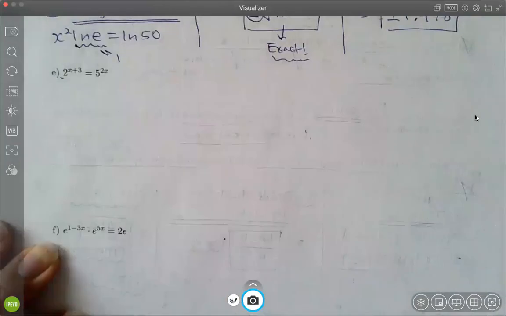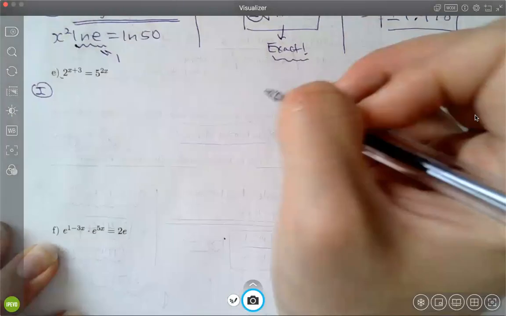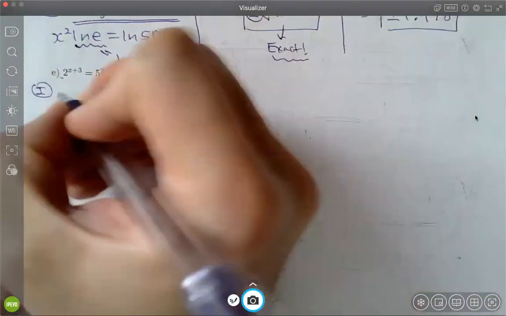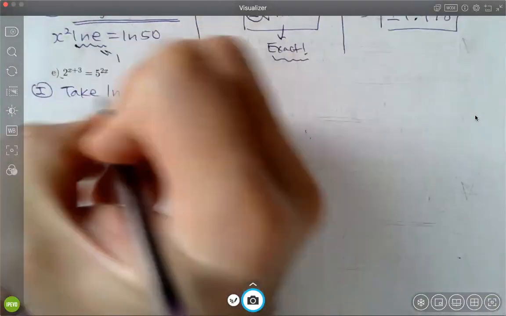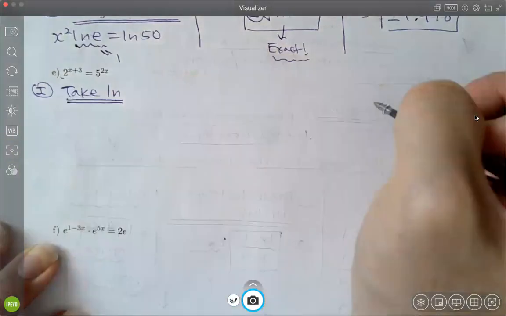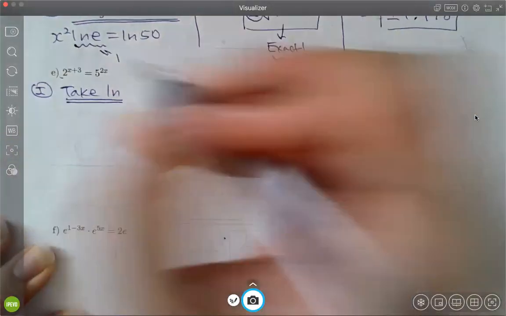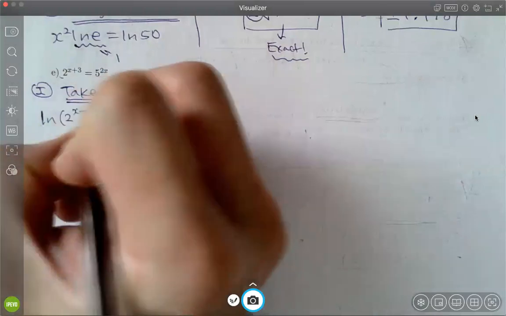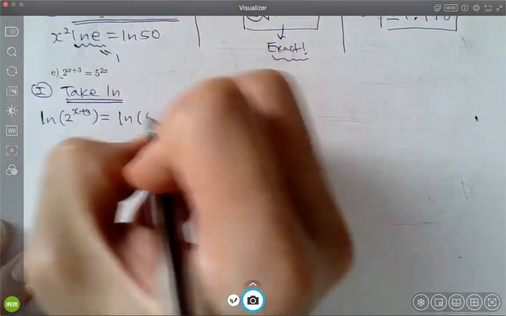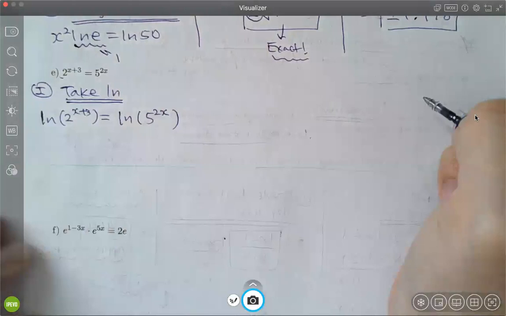Yes. Okay, so let's go to step number 2 right away, which is take ln. Okay, so what do we have? ln 2 to the x plus 3 is equal to ln 5 to the 2x.